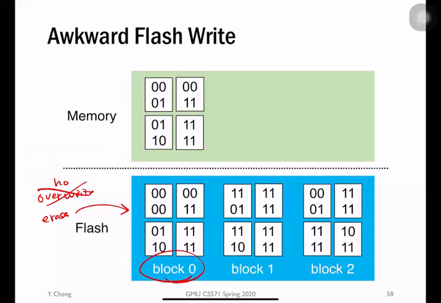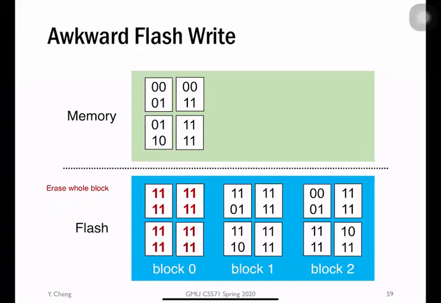Erase it, basically flip all the 0s back to 1s. Even though the data in page 1, page 2, and page 3 are fine and have not been touched, you have to erase this whole data again, right?